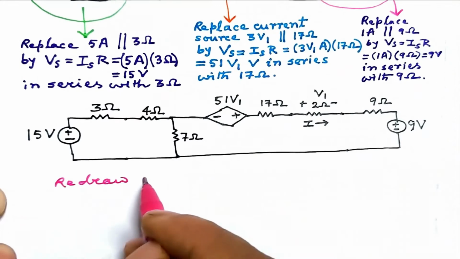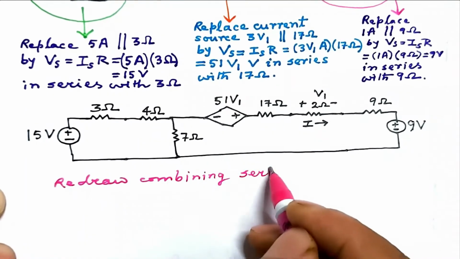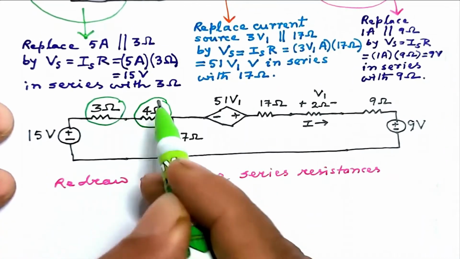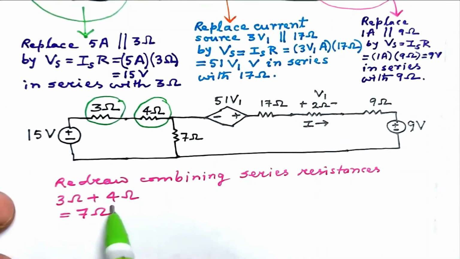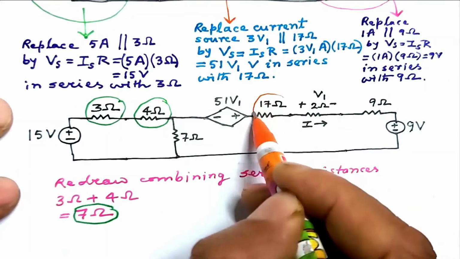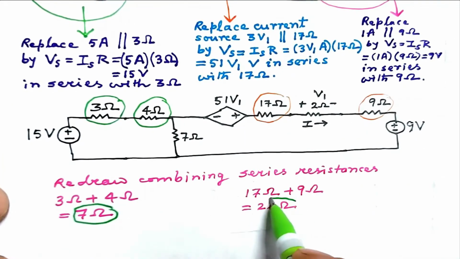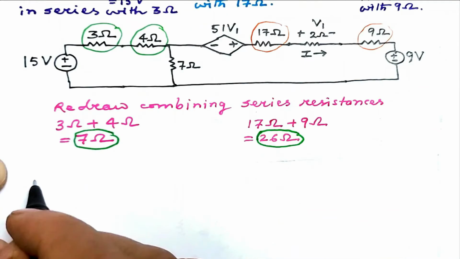In the next step, we redraw the circuit, combining series resistances 3 ohm and 4 ohm that adds up to 7 ohm. And then 17 ohm and 9 ohm can be combined to 26 ohm. With this, the look of the circuit will be.